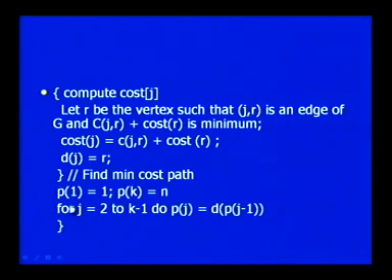Path you can see very well can be easily obtained, that is the path is your source, your end stage is nothing but your sink. So, you are going from 2 to k minus 1 and then you are finding your path p of j as d of p of j minus 1.